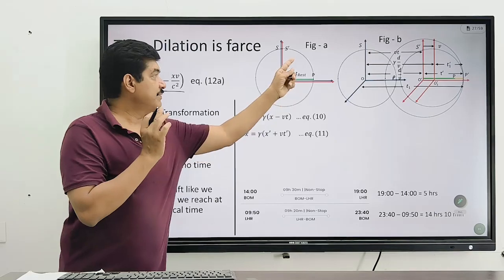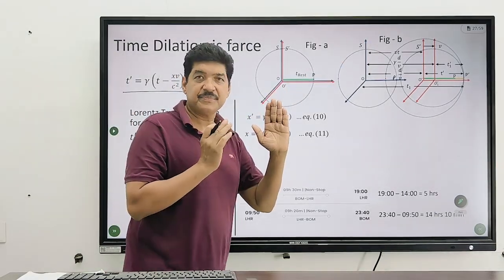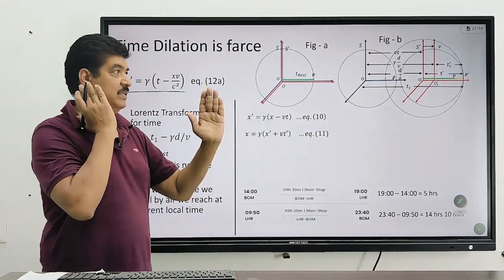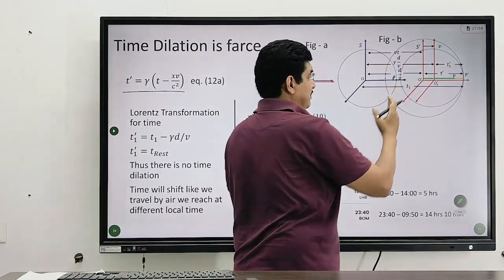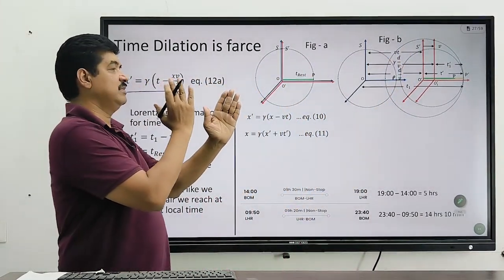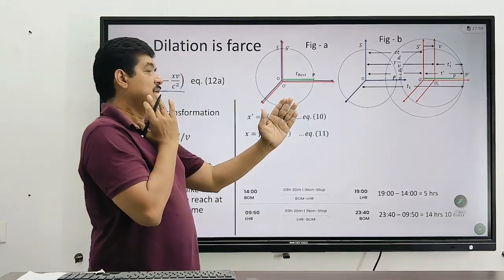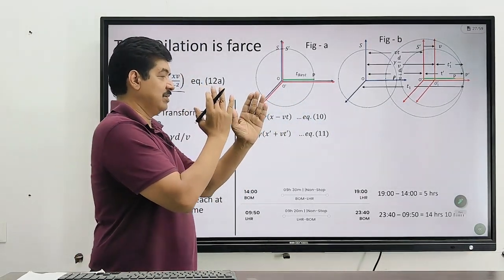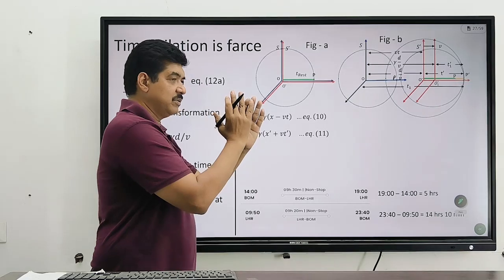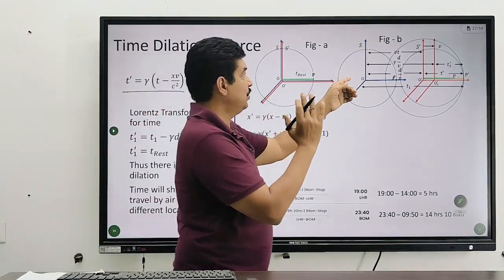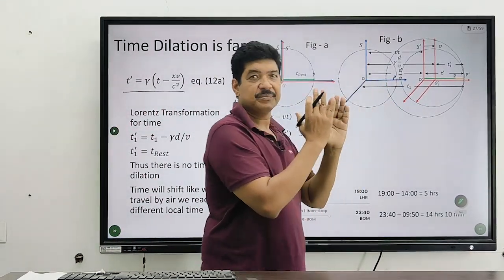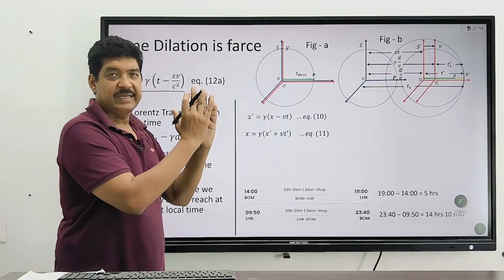Say this frame of reference is at rest, and the S prime frame of reference is crossing this frame of reference. Just as it crosses, O and O prime coincide.